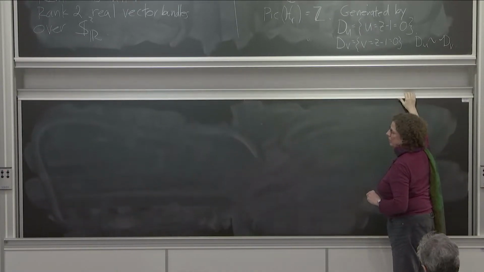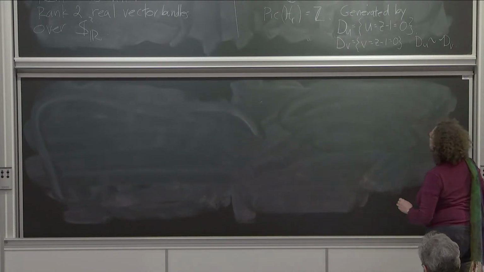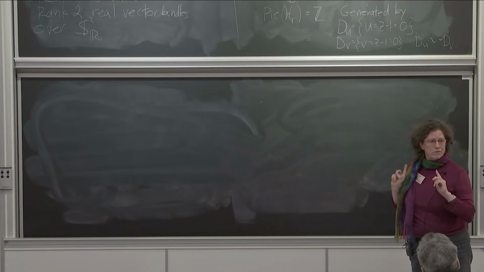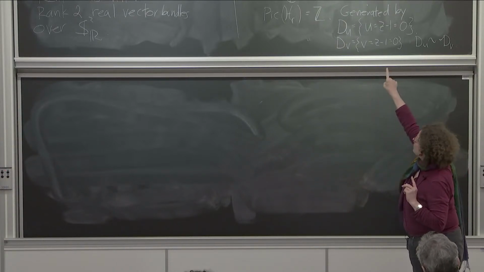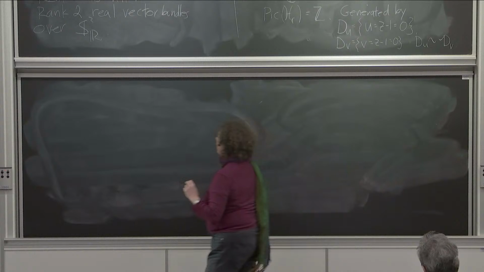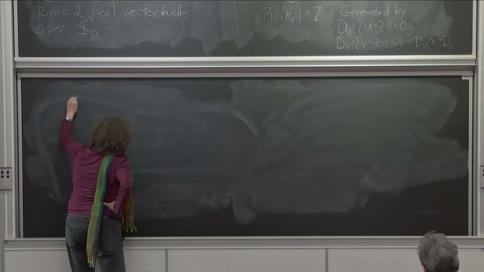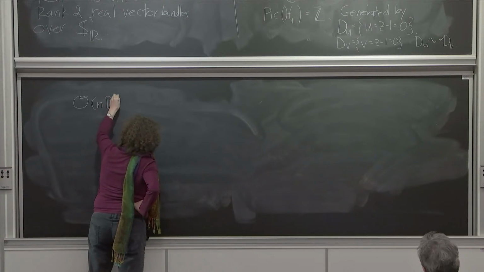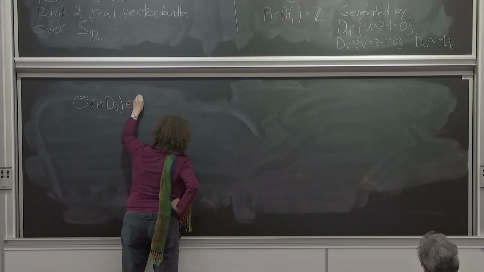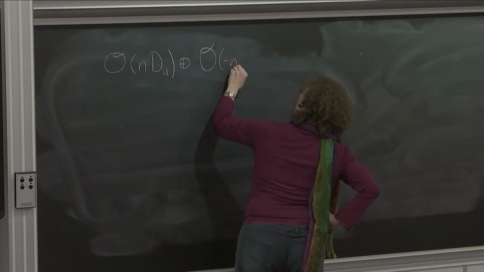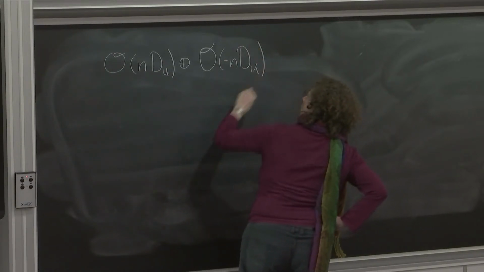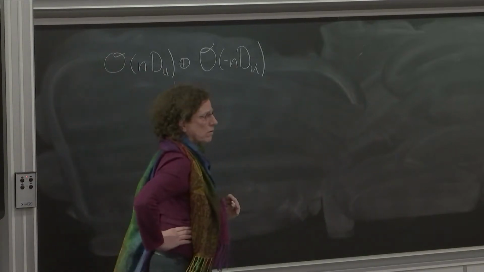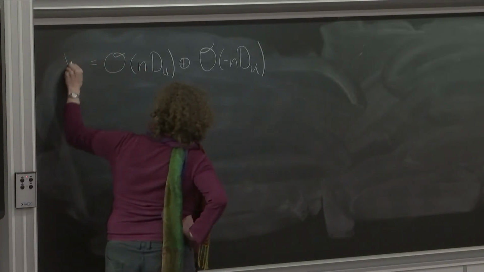Okay, so what I'm going to do is start by constructing a rank 2 complex vector bundle on HC. It will be simply O(n dU) plus O(minus n dU) over HC. This I will call Wn.